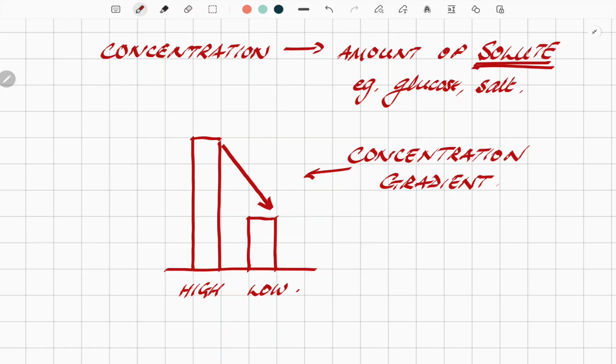The bigger the difference, the greater the gradient, the steeper it is. So that means how steep the difference in concentrations is.